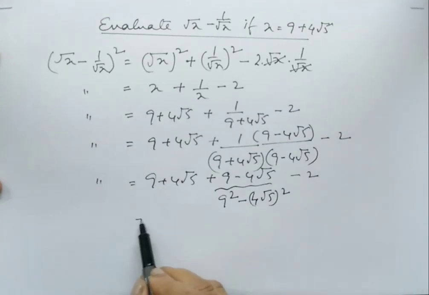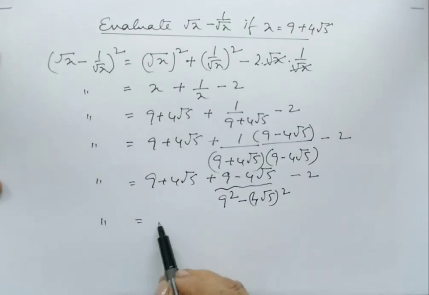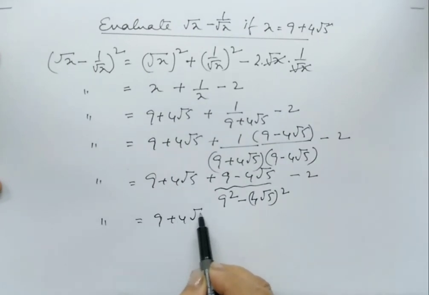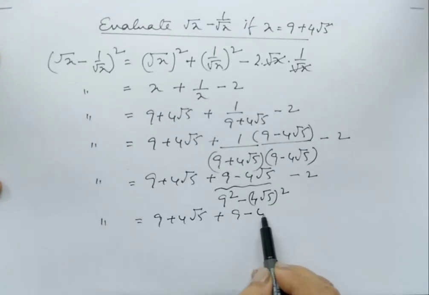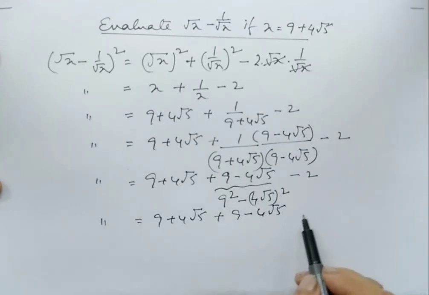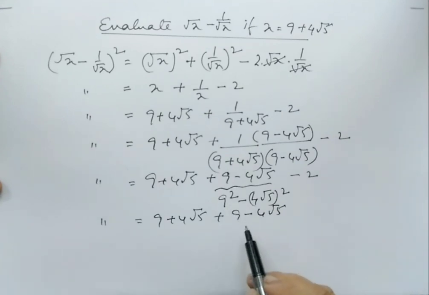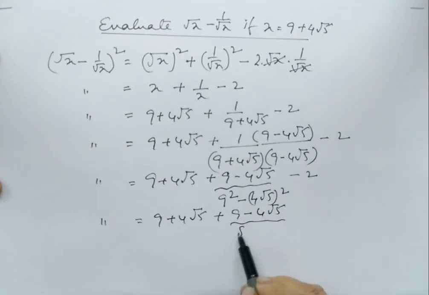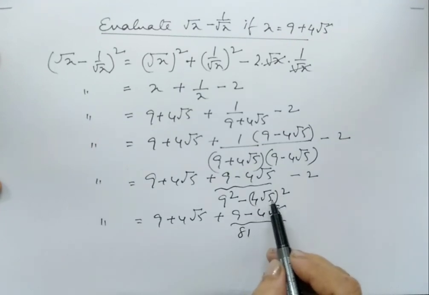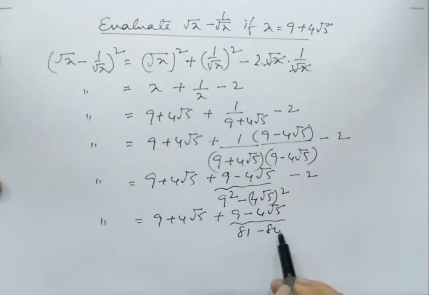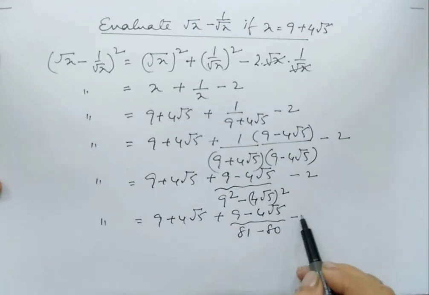So next move of ours would be to try and resolve this. How? 9 into 9 is 81, and 4 into 4 is 16, 16 into 5 is 80, and minus 2.